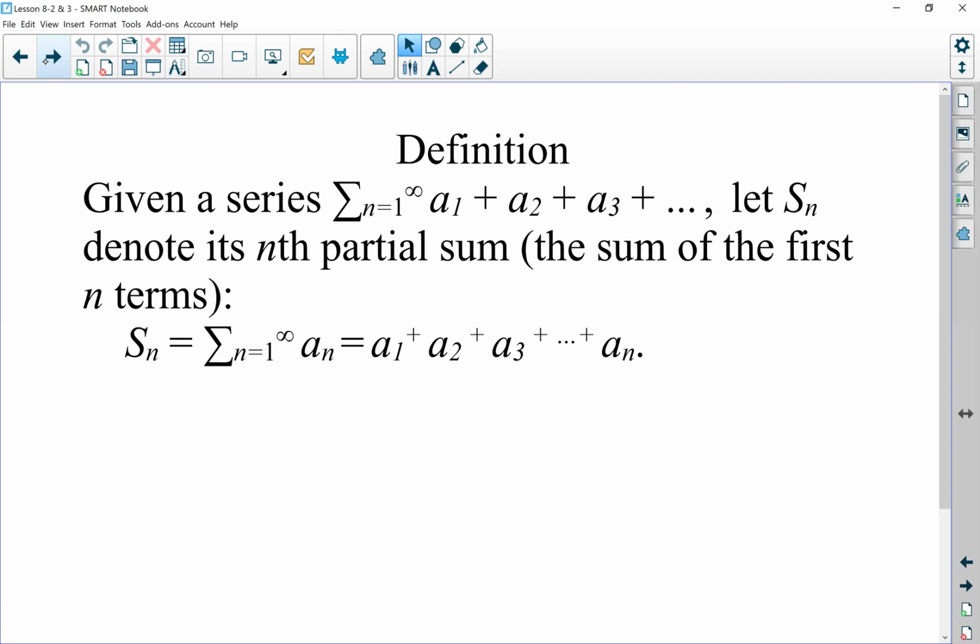I cannot think of a time that I've seen the AP exam ask for a partial sum. Doesn't mean they never have, it just doesn't ring a bell for me. So we're not going to spend much time on it other than to define it.